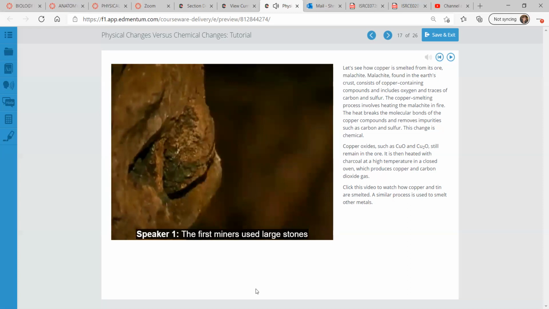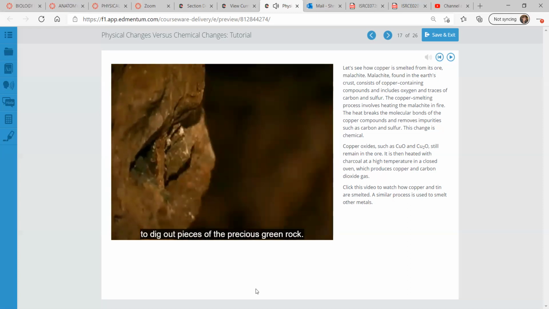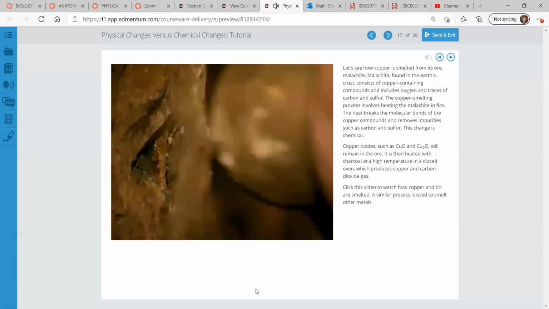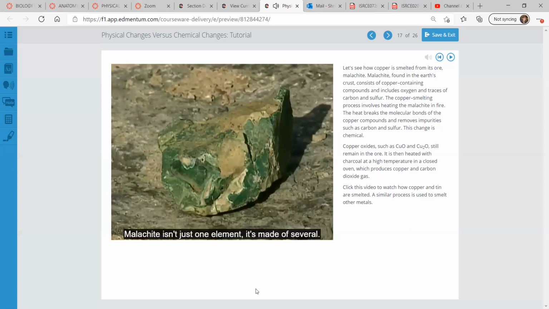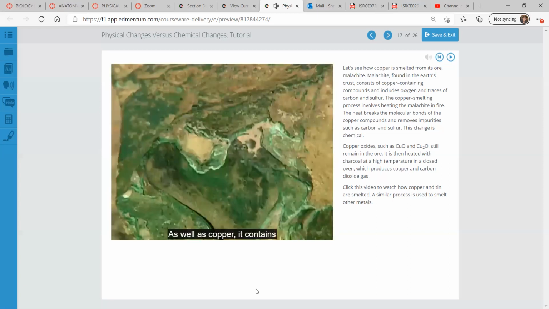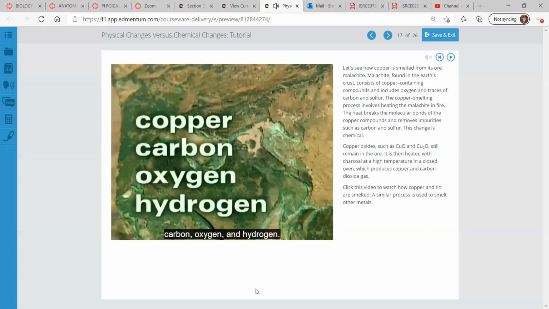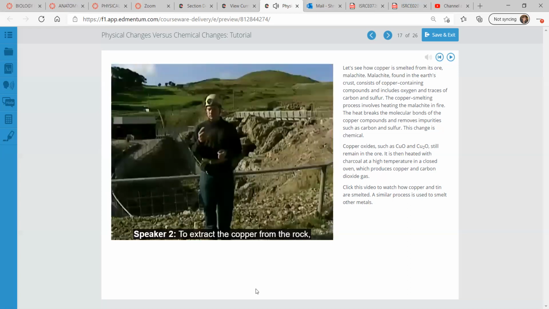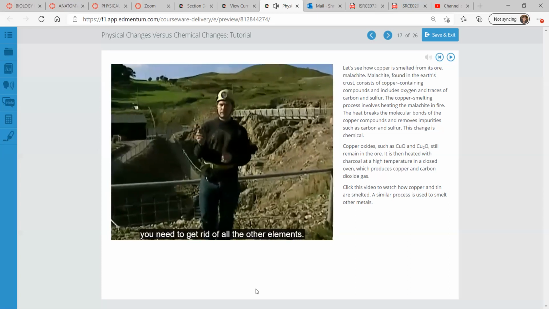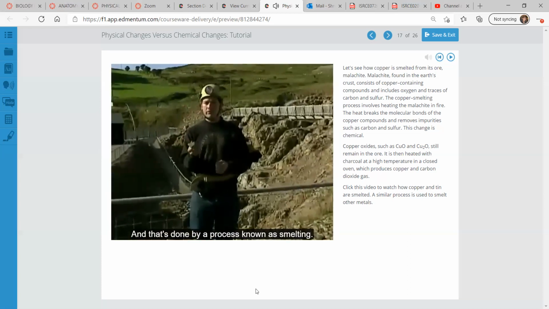The first miners used large stones to dig out pieces of the precious green rock. Malachite isn't just one element, it's made of several. As well as copper, it contains carbon, oxygen and hydrogen. To extract the copper from the rock, you need to get rid of all the other elements, and that's done by a process known as smelting.